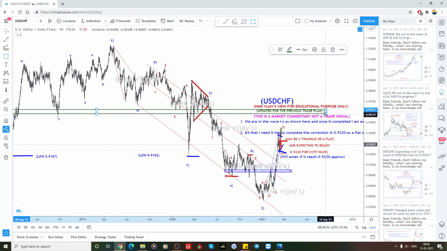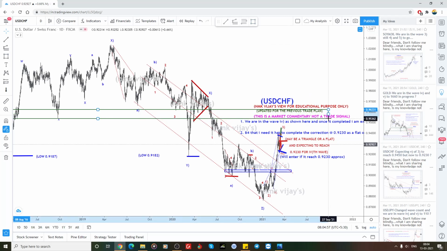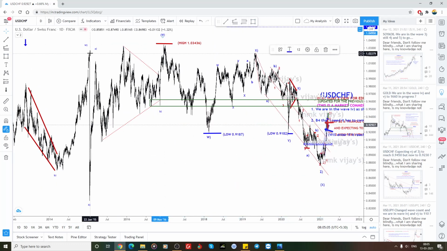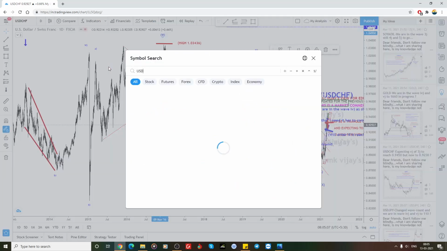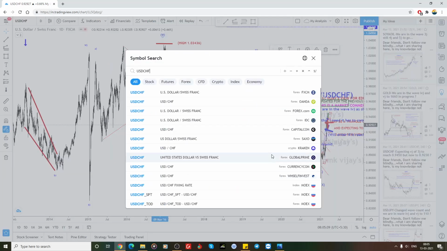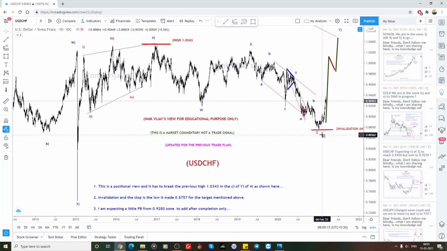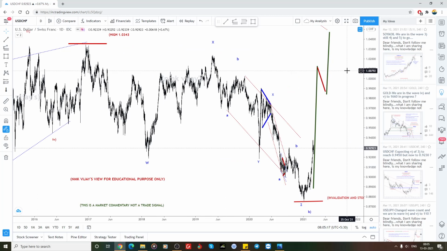So it could decline before that also here. So after that, the three-wave structure, and mind that I'm playing it for that Y wave, USD CHF. My positional view is A, so B, and beyond that the C wave needs to trade as a five-wave structure.